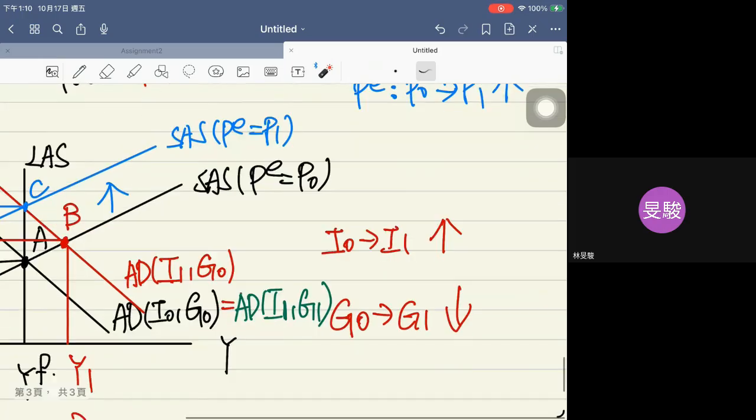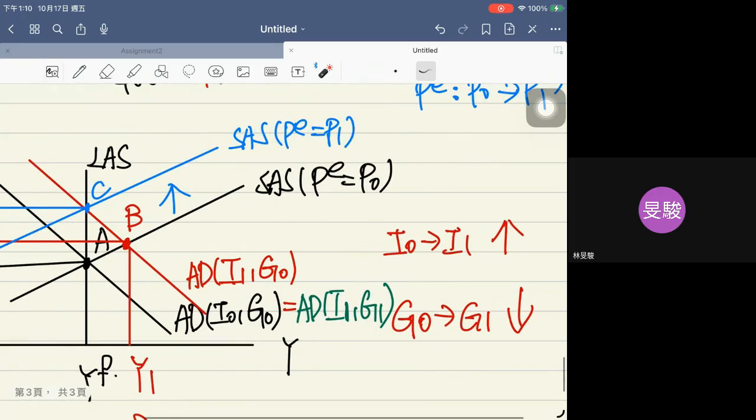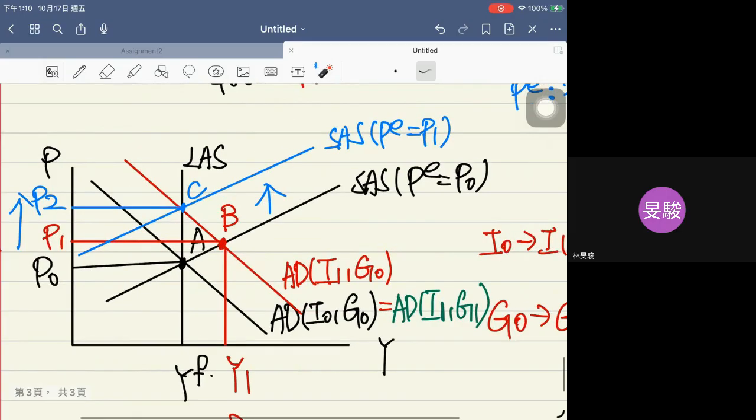Therefore, the SAS curve shifts upward from SAS0 to SAS1, and the new equilibrium is determined by the intersection of LAS, SAS1 and AD1.